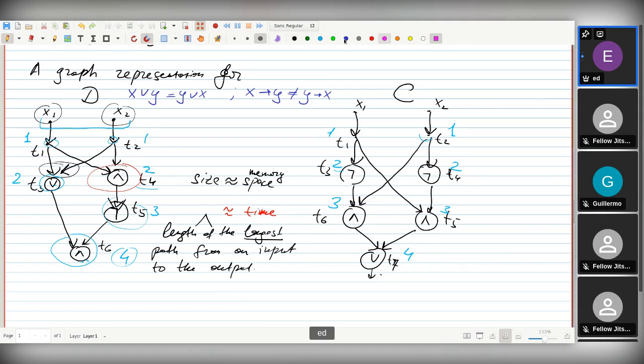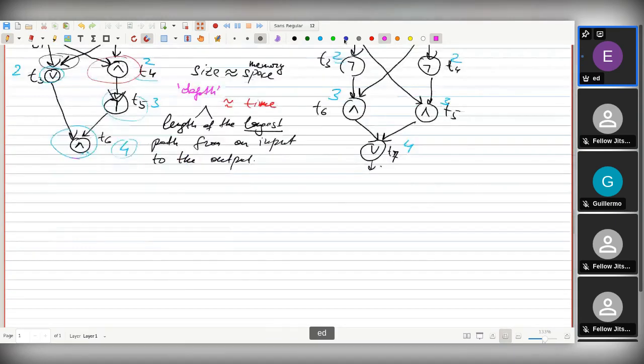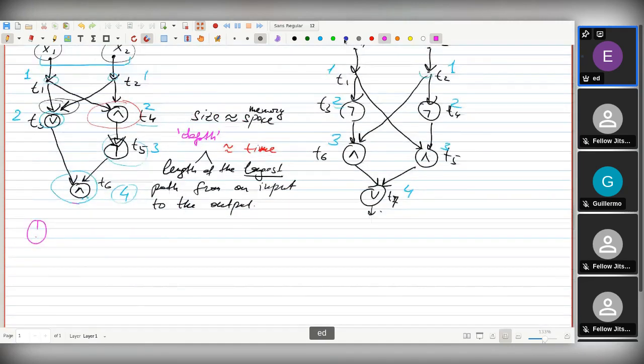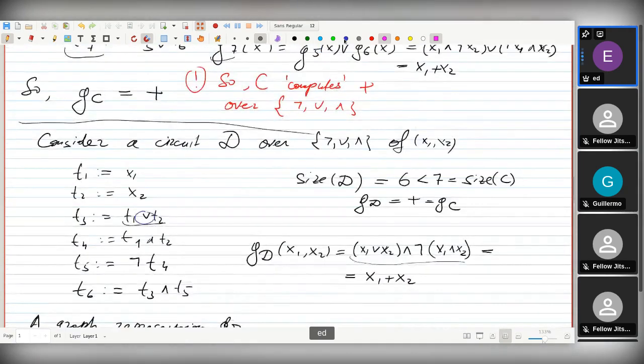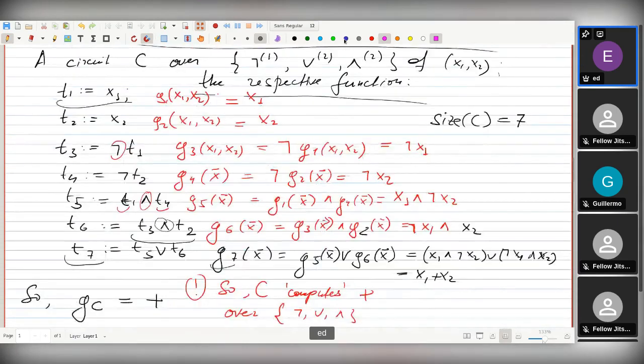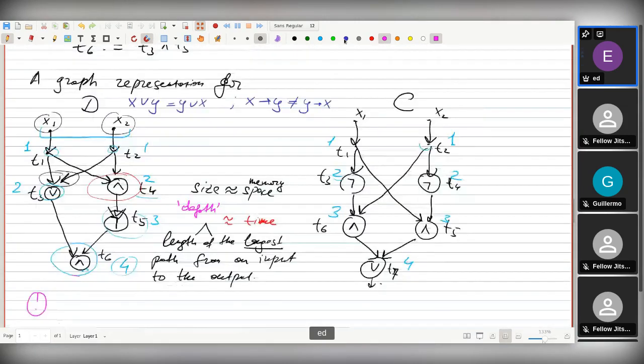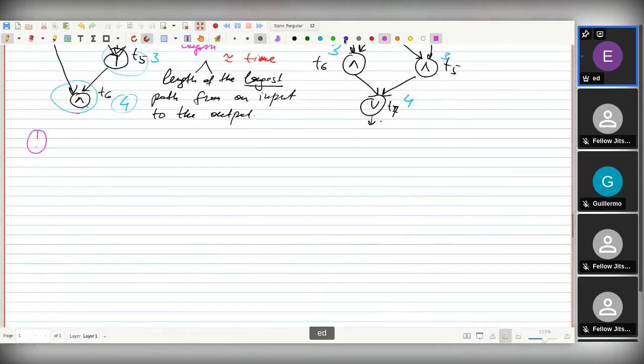And this value is called depth. This value is called the depth of our node, and in particular, the depth of our circuit. The depth is defined recursively. If we come back to our formalism with these assignments without graphs, we can define depth recursively. Let us do so.